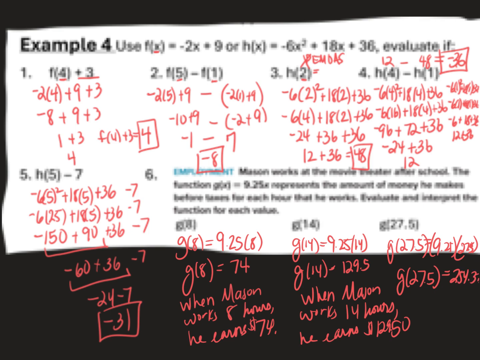And I kind of ran off the page. 254.375. So we would say that when Mason works 27.5 hours, he earns $254.38. And that is all the notes.